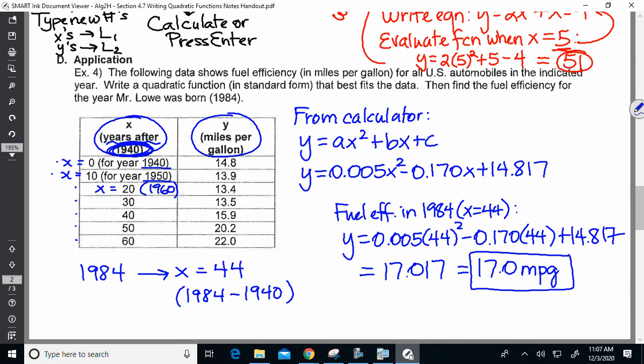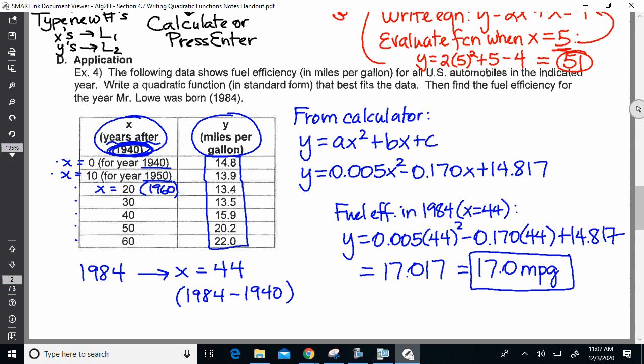So if you're wondering why did I go to the nearest tenth, because all of the numbers in the table that was given to me went to the nearest tenth. I'm just being consistent. That's it.